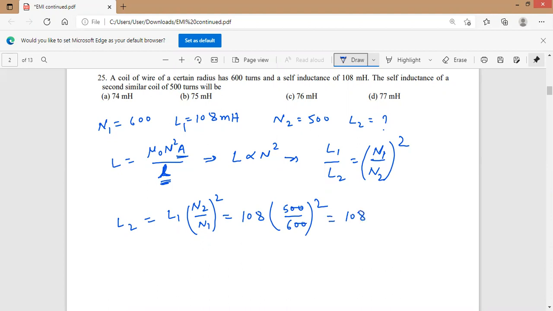It's 108 into 25 divided by 36. 36 ones are 36, threes. 3 into 25 is 75 millihenry. Because this L1 is in millihenry, therefore L2 should also be in millihenry. Therefore 75 millihenry. Option B is the correct answer.